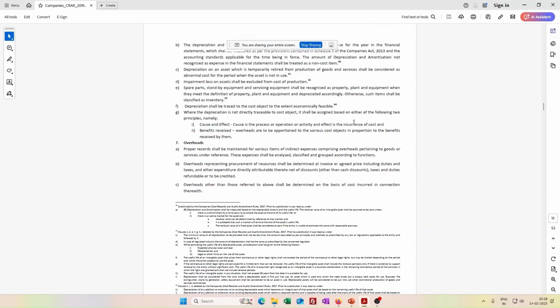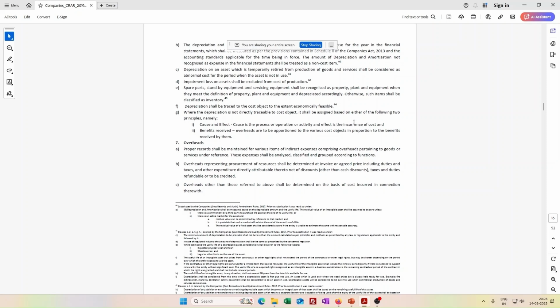Now overheads: all indirect expenditure, whether it is material, labor, or other expenses, must be absorbed in the production through a particular reasonable basis, through apportionment.